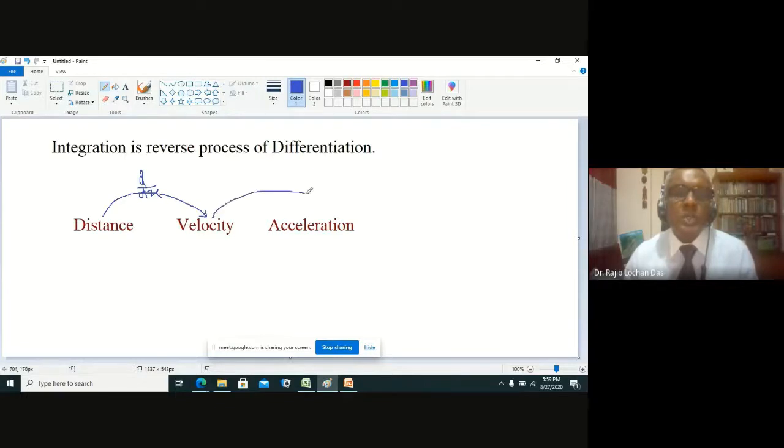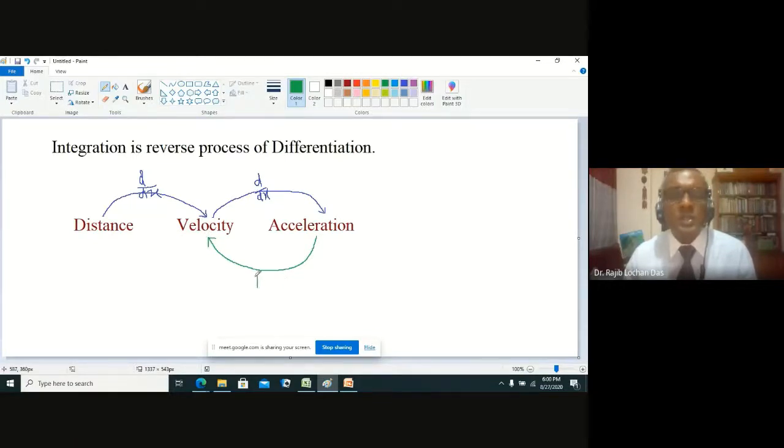If you do the differentiation of velocity, that will give you acceleration. And in the opposite way, if you do the integration of acceleration, the result will be velocity.